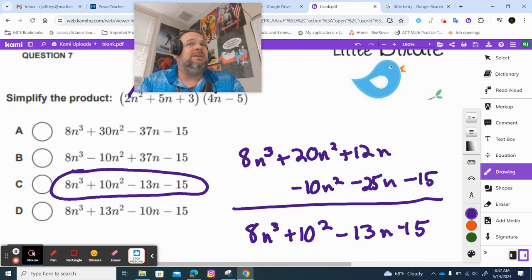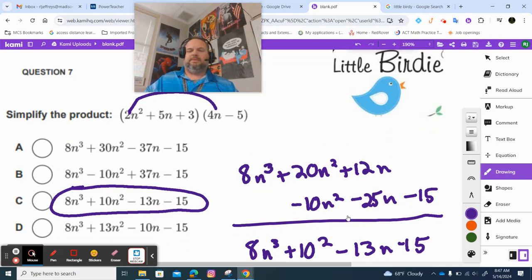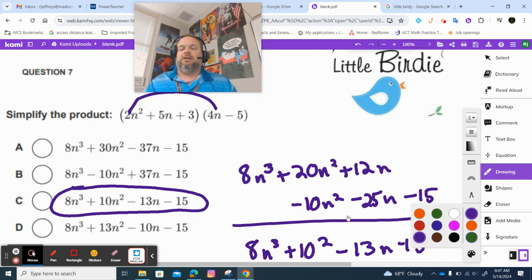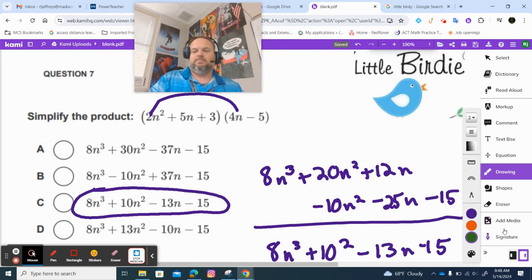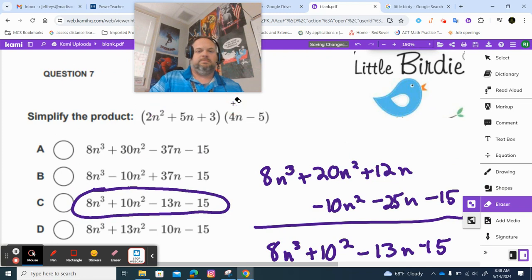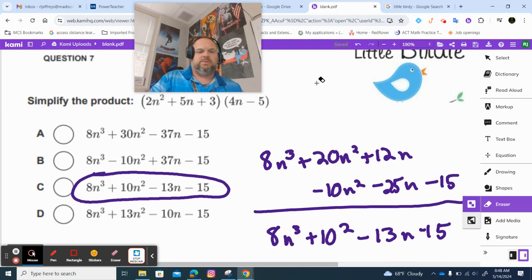What now? No, you multiply. How do you multiply? Do you do double distributive or do a table? Two n squared minus 5n.